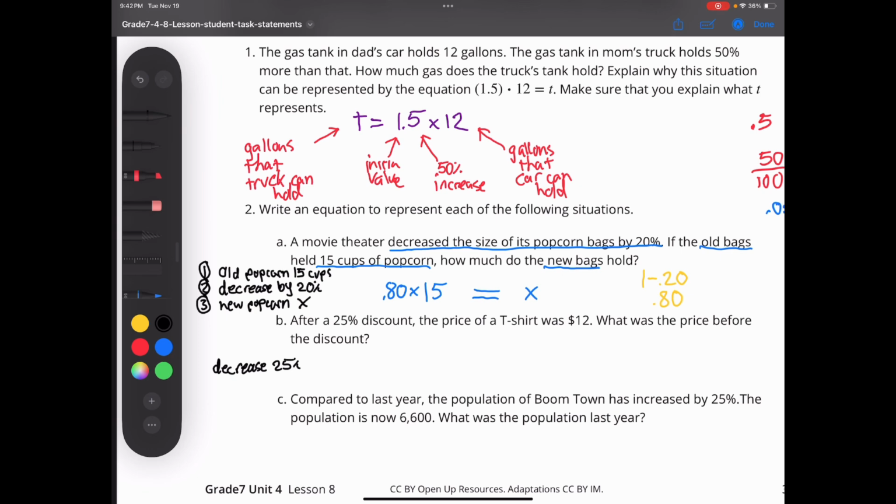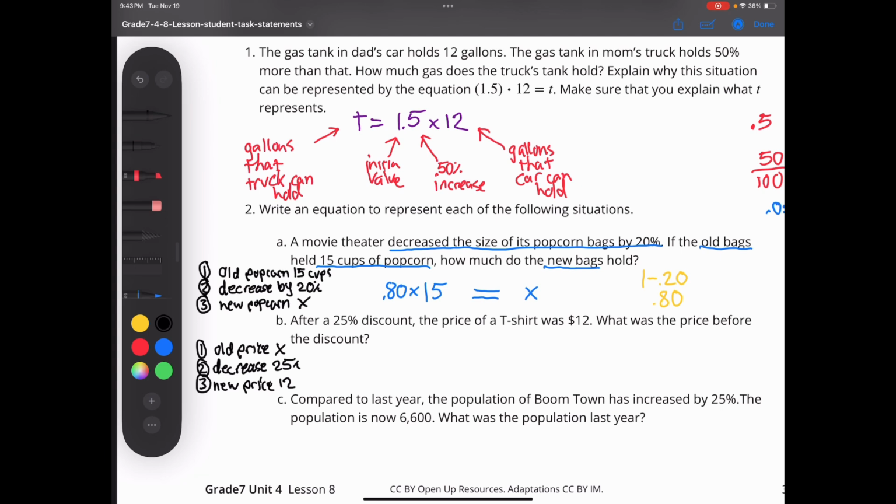So the original price, let's say old price. We don't know. So X. And the new price is $12. 1, 2, 3. First was the old price, then the decrease, and then new price.